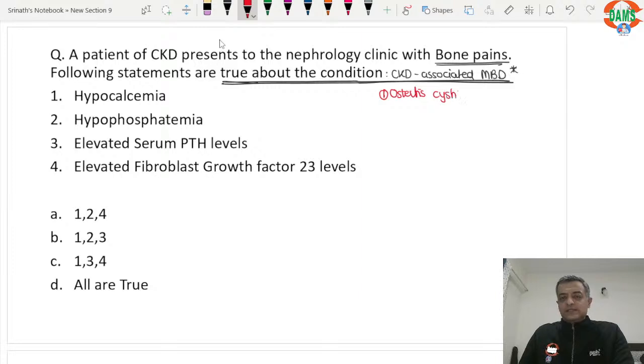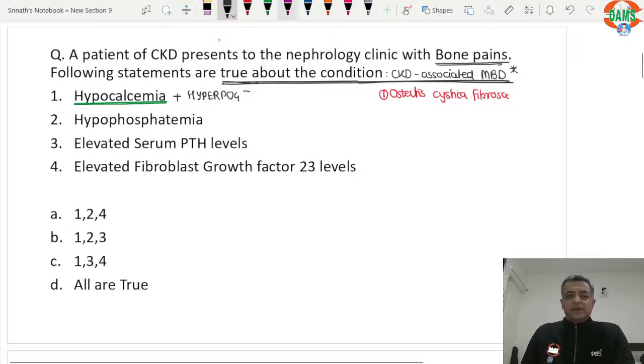This osteitis cystica fibrosa occurs mainly due to development of hypocalcemia, which is associated with hyperphosphatemia, which incidentally leads to the elevated PTH level.